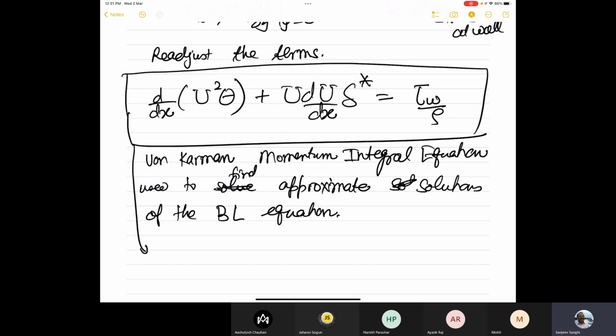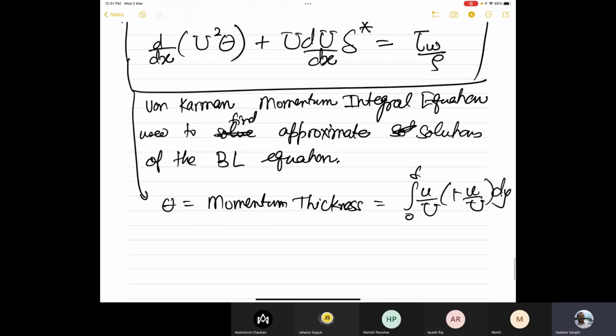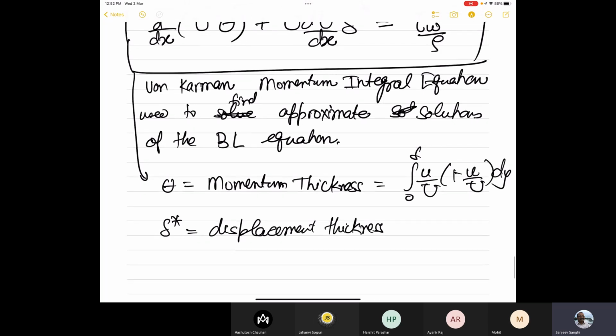And in this equation, let us just recall theta is the momentum thickness, which is equal to the integral from 0 to delta, and delta star is the displacement thickness.